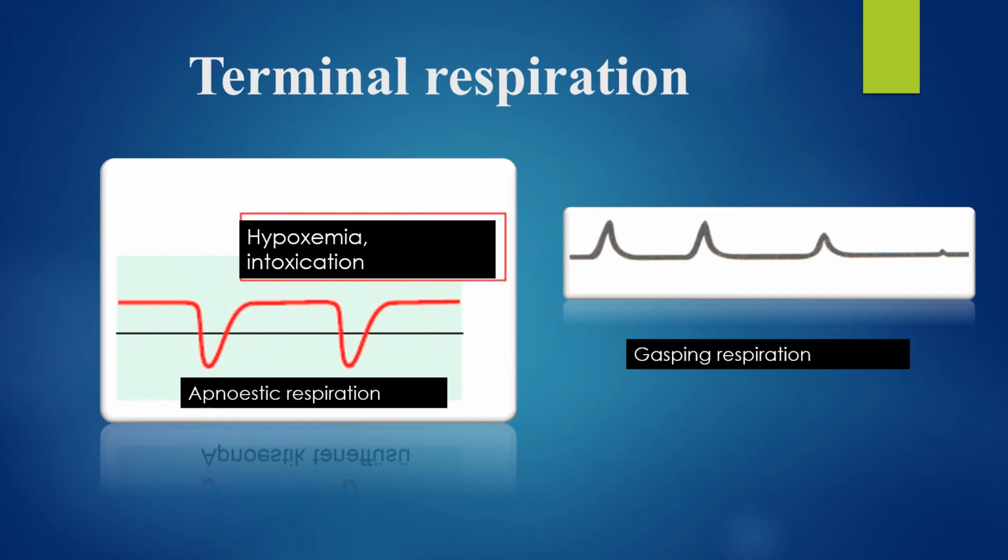So, in a terminal state, the inhibition spreads from the cerebral cortex to the subcortical nuclei and reaches the pons. The activity of neurons of the pneumotaxic center is disrupted. As a result, the change from inspiration to expiration is delayed.